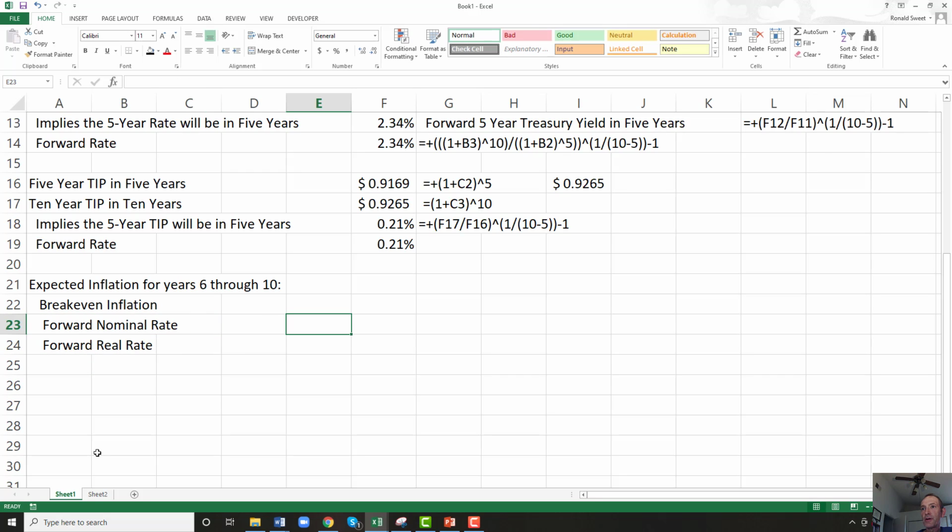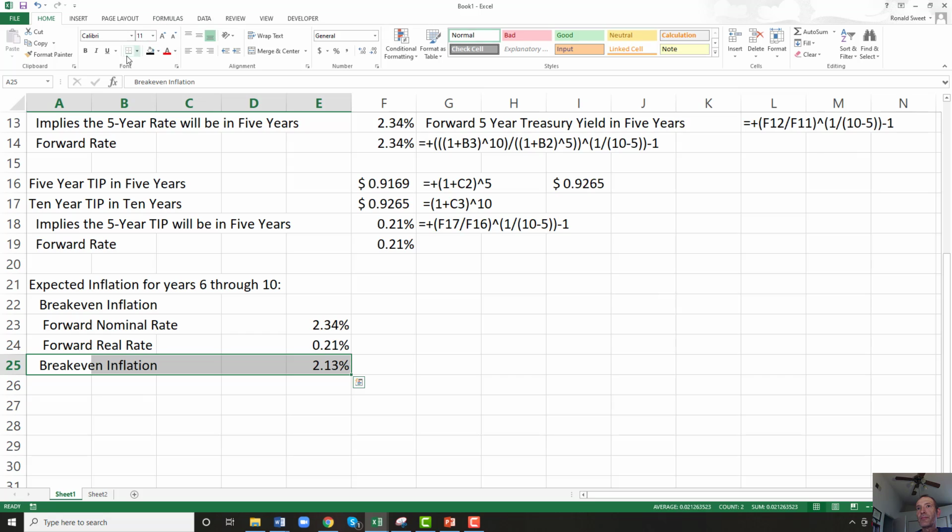So our forward nominal rate was 2.34%. Our forward real rate was 0.21%, so our break-even inflation is just the difference in those two. And that's what you're after on the question. So the market thinks inflation from years 6 through 10 is going to be 2.13%. A little bit higher than the Fed's target of 2%.